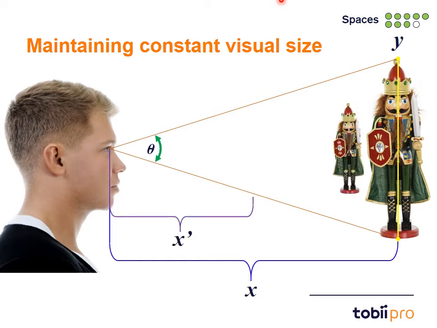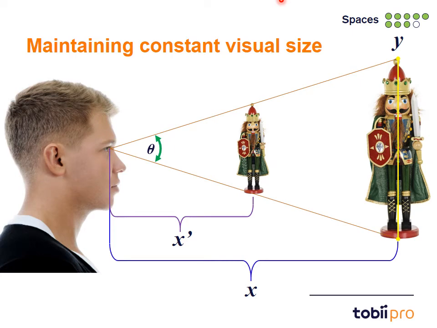So when you display it at a distance of x prime, let's call that this plane right here, the plane of the display of your eye tracker, you can scale it to a height of y prime, and in doing so maintain the exact same visual angle coverage, presumably to deliver the same visual weight and elicit the same naturalistic behavior.